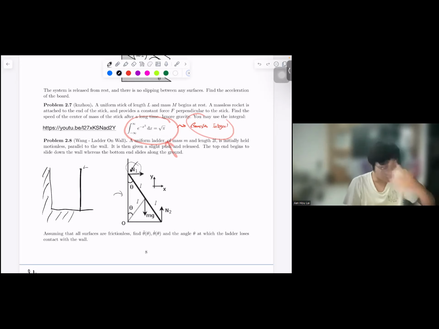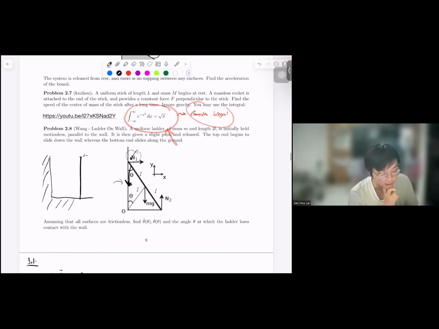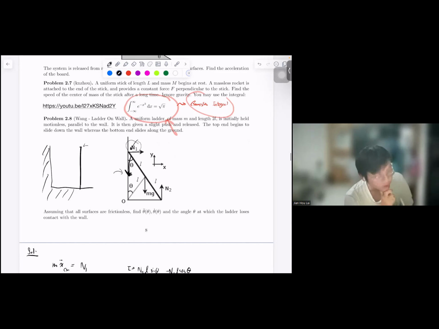There's another problem that they want to test you on, where the letter continuously falls down. You want to find the angular acceleration, the angular velocity, and also the angle at which the letter falls down, right?